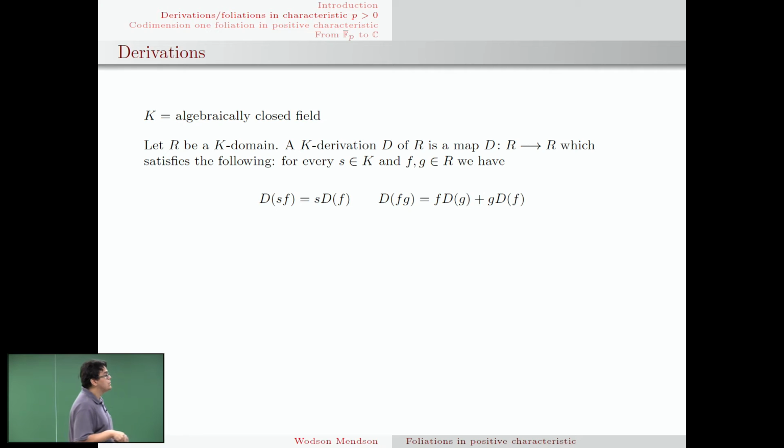Here k is an algebraically closed field, and if you take R a k-domain, a k-derivation of this ring is a map which satisfies the following: for every constant and for every functions f and g, we have this formula here.